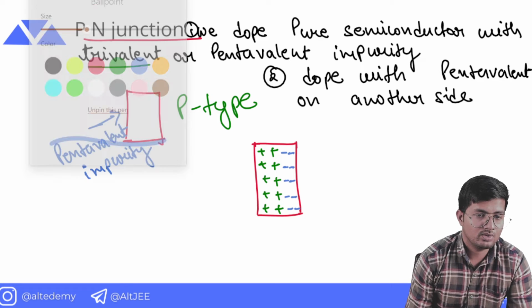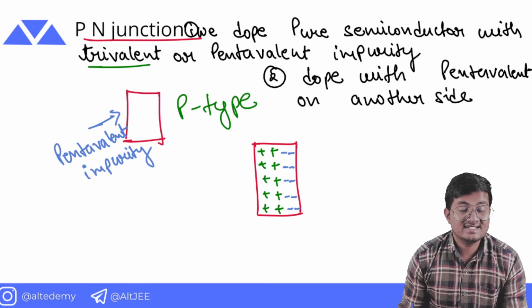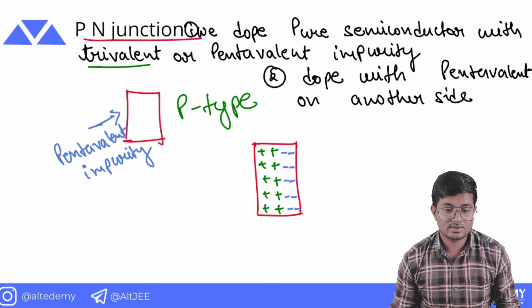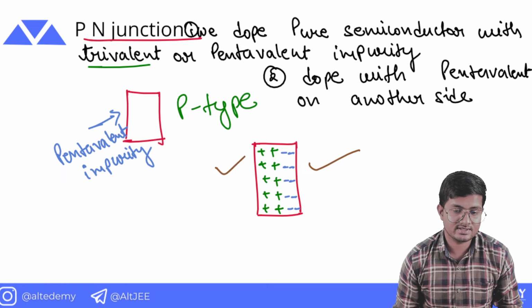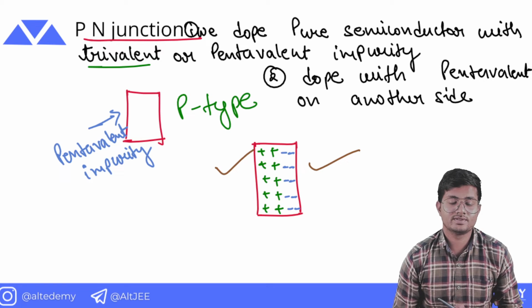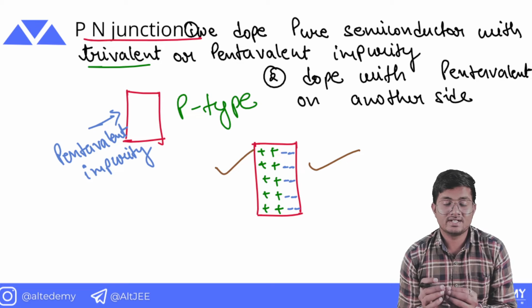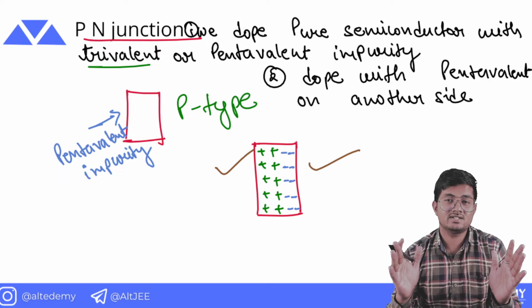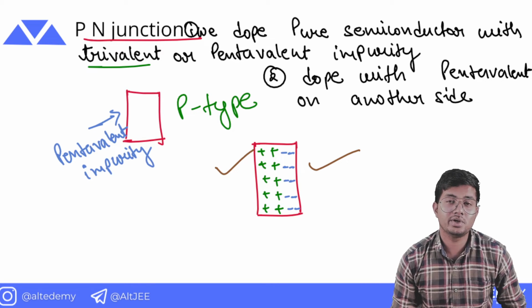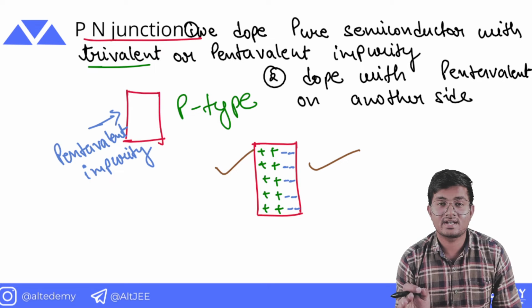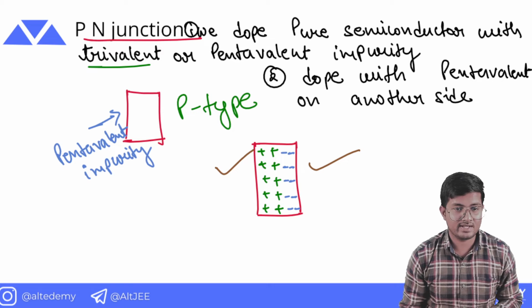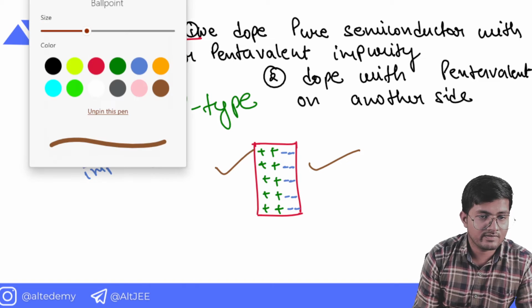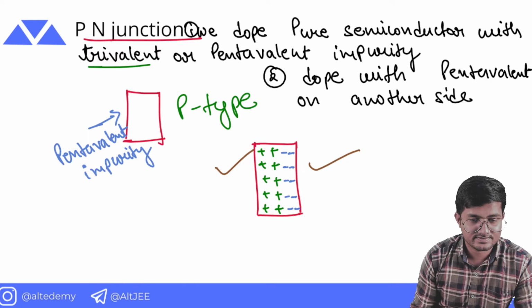Now this can't remain like this, because at one side the concentration of electrons is more, at the other side the concentration of hole is more. So due to the difference in concentration, diffusion process will start, and what we will get finally is this.